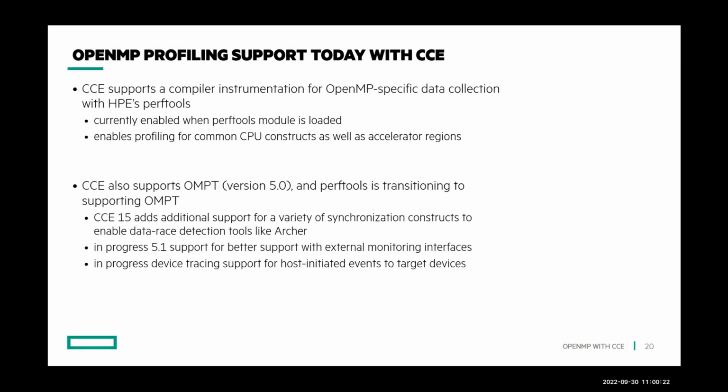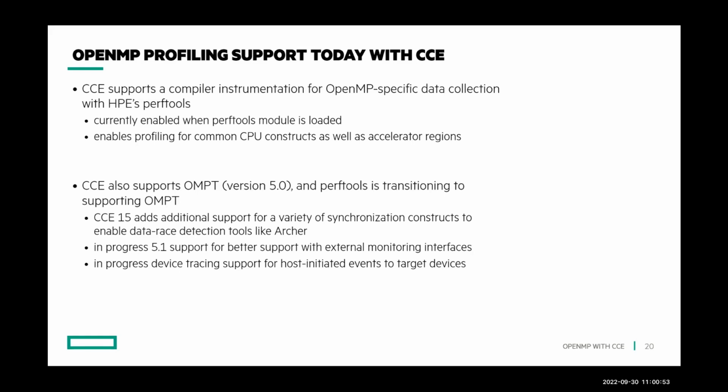Whenever you load the perf tools module on a Cray system and compile your code with our compiler, it'll automatically add this instrumentation for you. When you run it, you can get the performance data and visualize it, and you'll see OpenMP-specific regions in there. Depending on the type of experiment you're running, you can also see accelerator-specific regions as well.